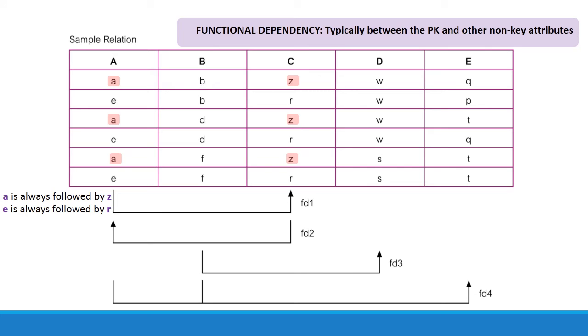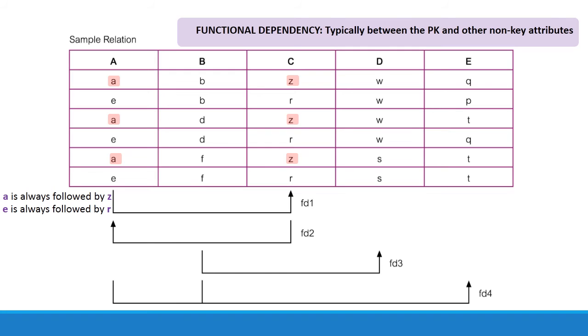In column D, they always have the same value again, W. D always determines the value of column D, which is W. It doesn't matter, for the key B, this is W, for the key D it is also W.